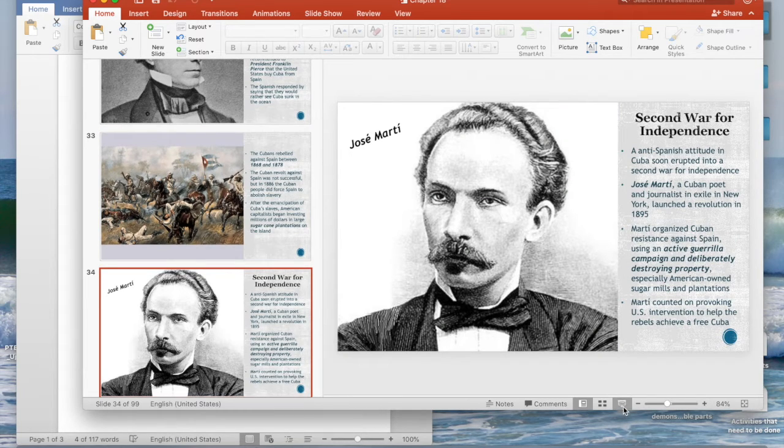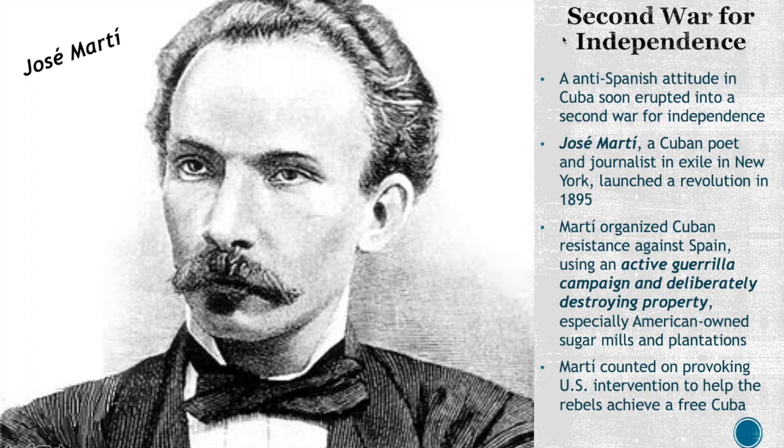Okay, moving on. All right, the Second War of Independence. An anti-Spanish attitude in Cuba soon erupted into a second war for independence. Jose Marti, a Cuban poet and journalist in exile in New York, launched the revolution in 1895. He organized the Cuban resistance against Spain using active guerrilla campaigning.